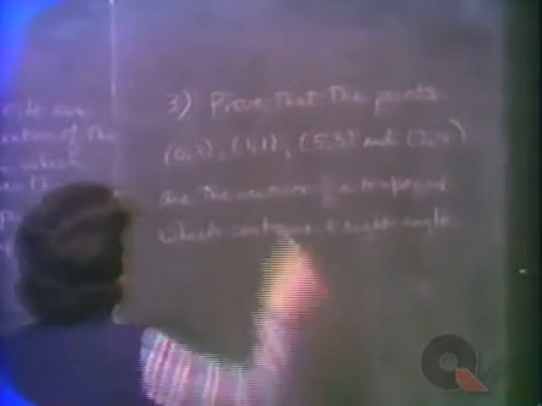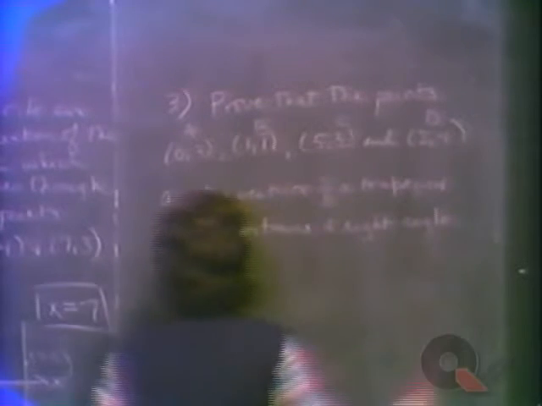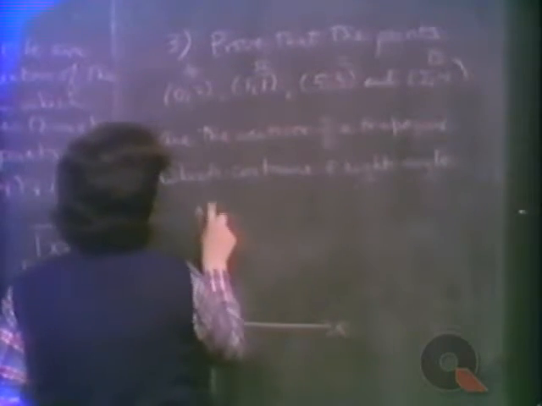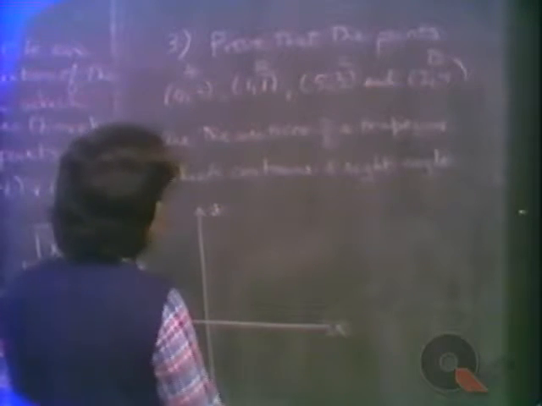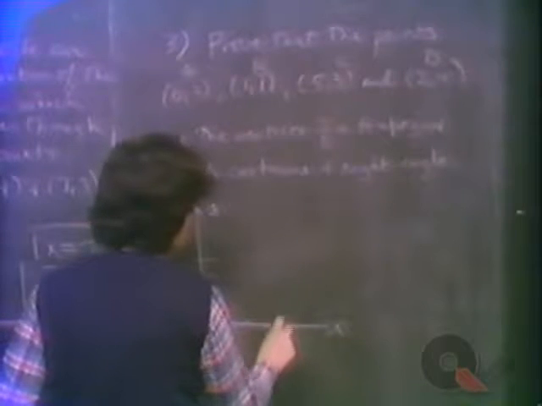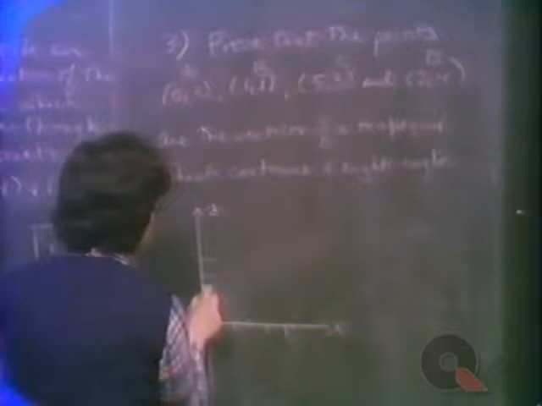Okay, let's label these A, B, C, and D, and let's plot them. Okay, 0, 3 is over here.